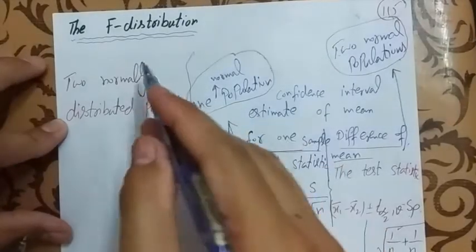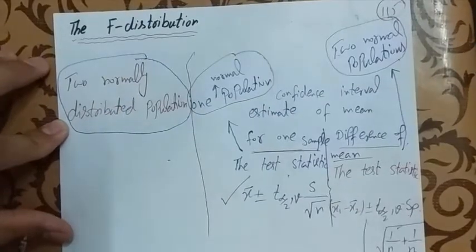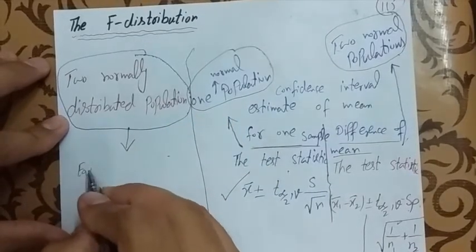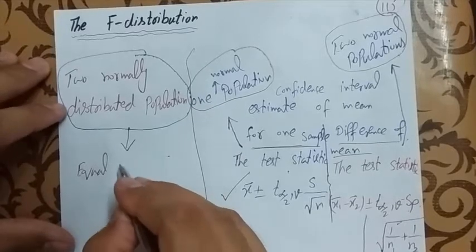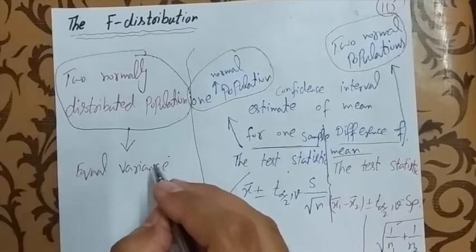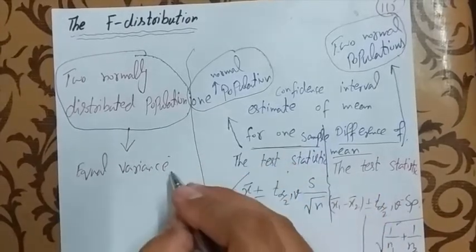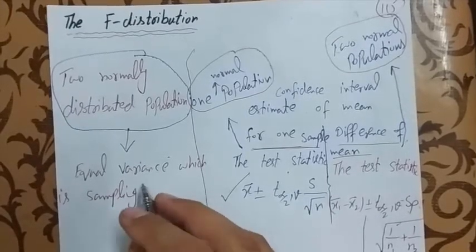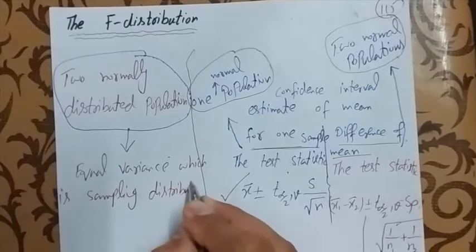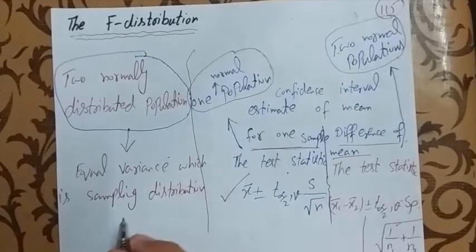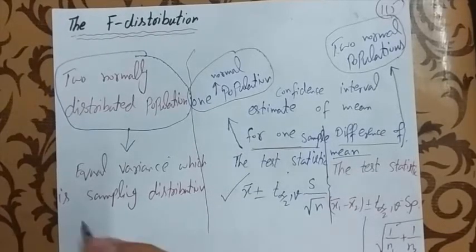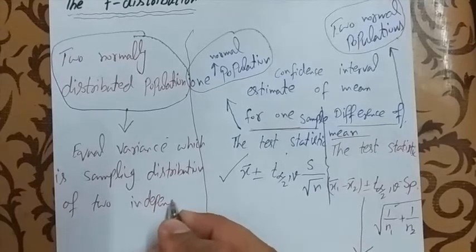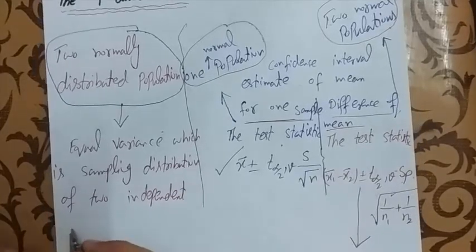We have two normally distributed populations, and the condition on these two normal populations is equal variance, which is the sampling distribution of two independent and unbiased estimates.